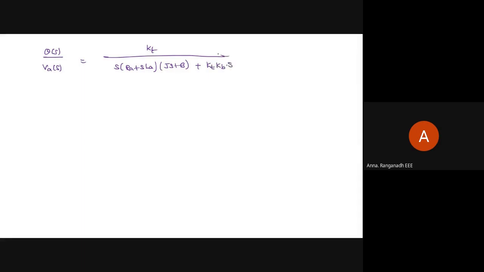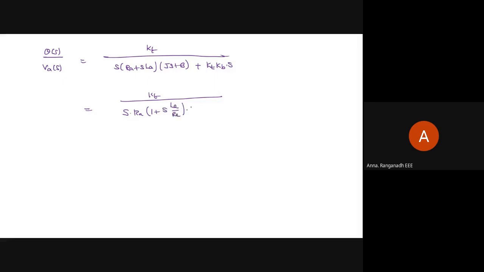Now further simplification: Kt divided by s into, here you can take the common Ra. If you take the common Ra from this term, 1 plus s into La by Ra.